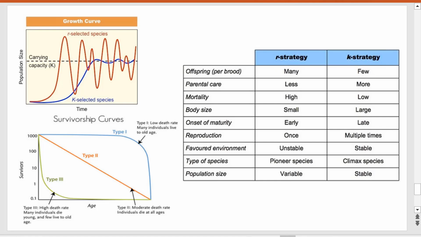There are less fluctuations. And there are different kinds of survivorship curves for these two kinds of strategist species. The y-axis denotes the number of survivors, and the x-axis denotes the age.